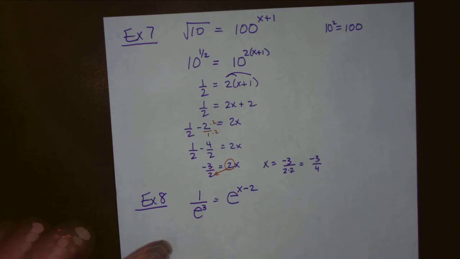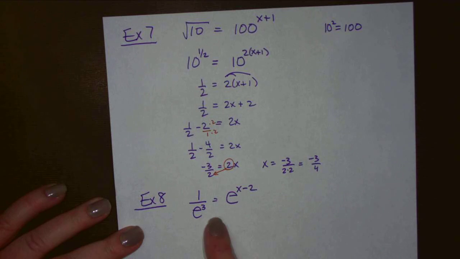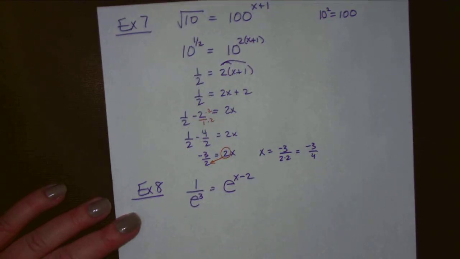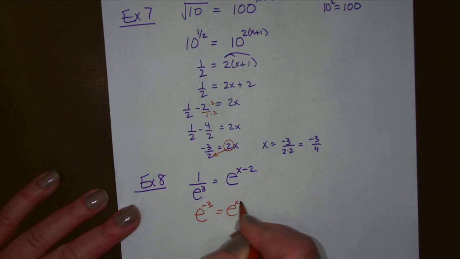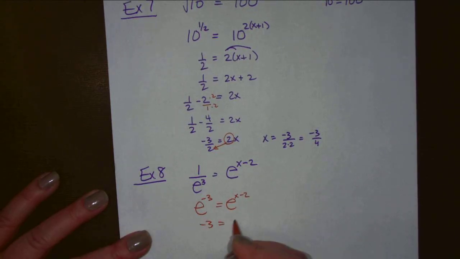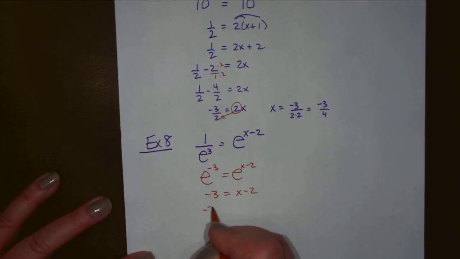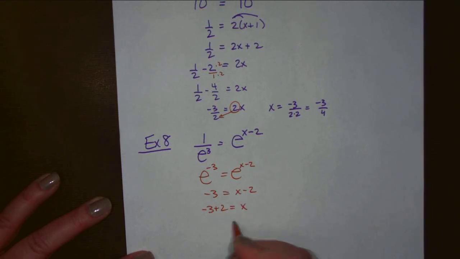What do we need to do, though, before we compare the exponents on this side? Move it up, because they can't be on the bottom of a fraction. So this would be e to the minus 3 is e to the x minus 2. So minus 3 is x minus 2. So minus 1.